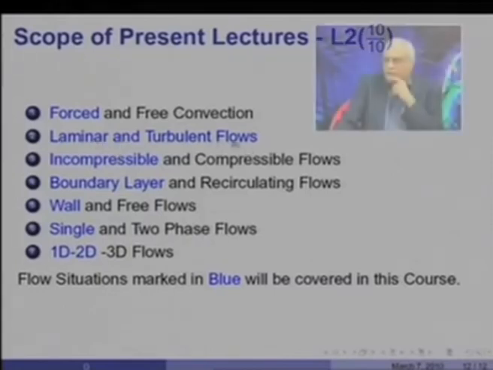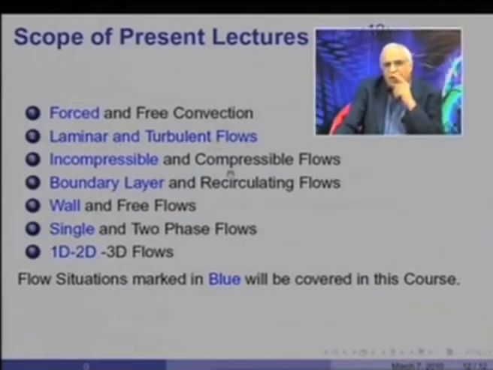I will consider all those types. There are incompressible flows and compressible flows. I will be largely confined to incompressible flows, because as I said, in most of the equipment, particularly in mechanical engineering, the flow velocities are essentially less than about 100 meters per second.